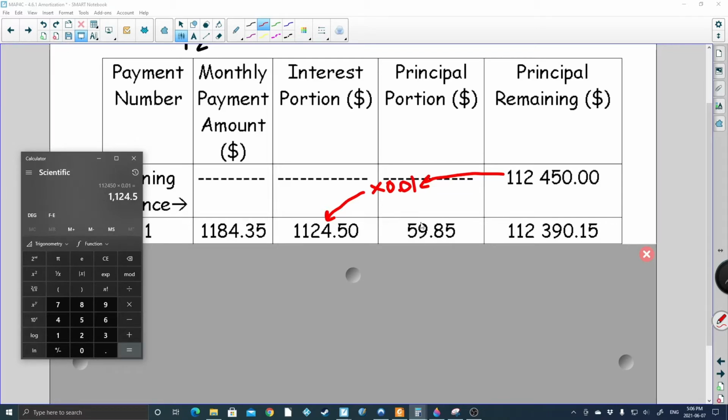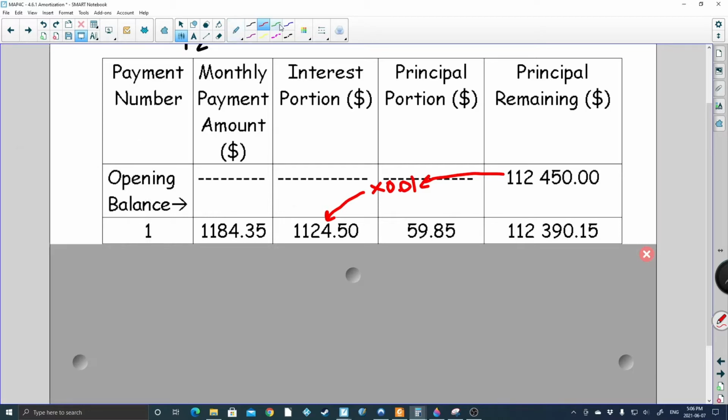Now, the principal portion, this is how much money you're actually spending on bringing down the cost of your home, which is the $112,450. Where did this number come from? Well, that number comes from the fact that you're taking the $1,184.35, you're paying off $1,124.50 in interest from that monthly payment, and the leftover gives you this number.